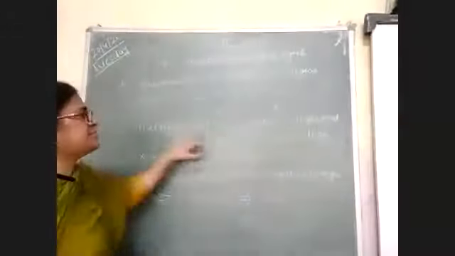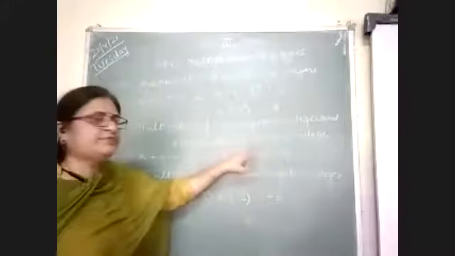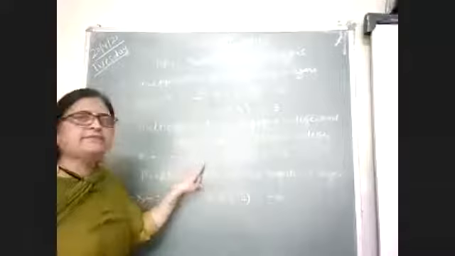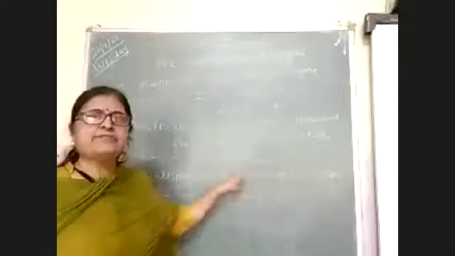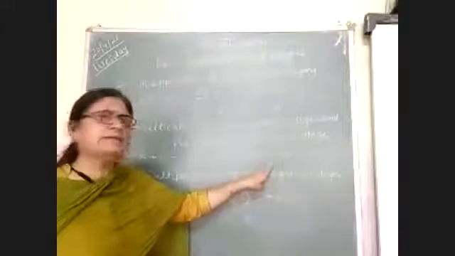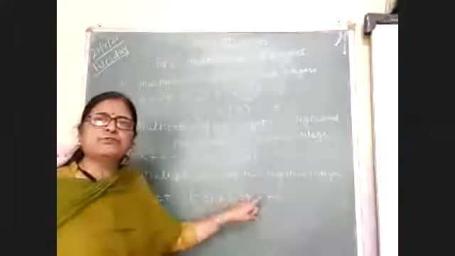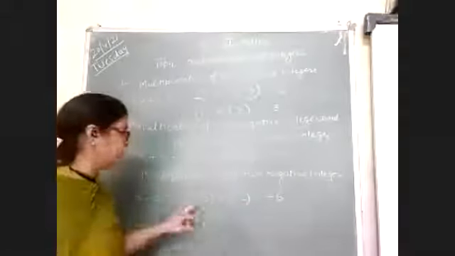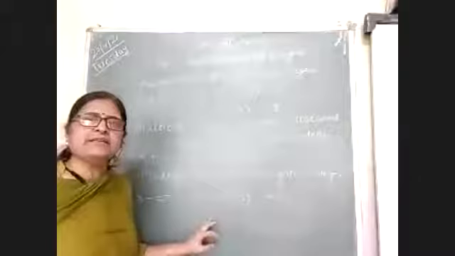Second case is multiplication of one negative integer and one positive integer: negative multiplied by positive gives a negative result. The third case is multiplication of two negative integers, both are negative. These are the cases.